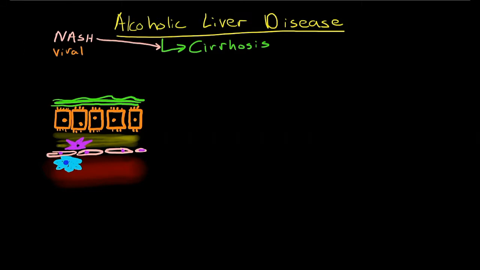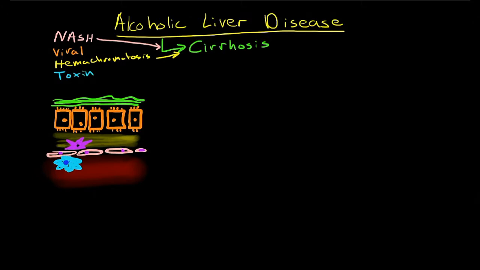It can be caused by hemochromatosis, which is a deposition of iron in the liver, and it can also be caused by a variety of toxins. And this list is by no means comprehensive.